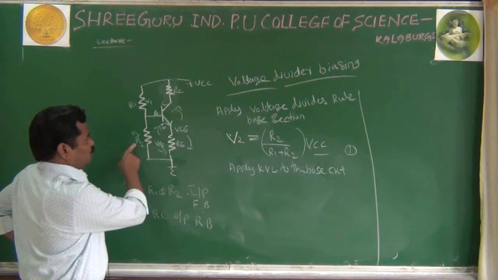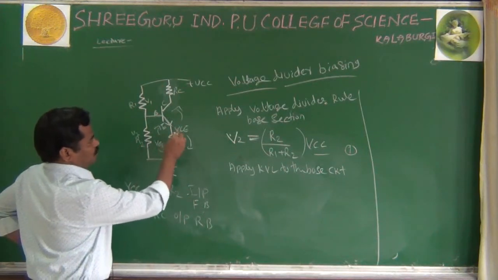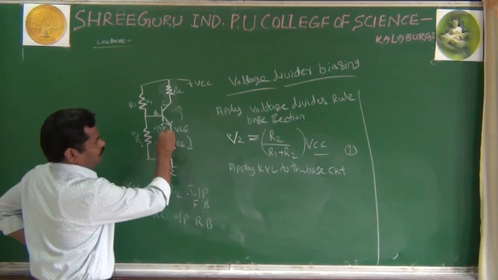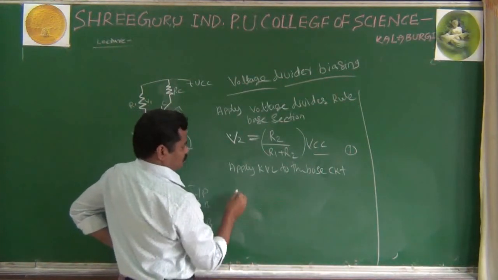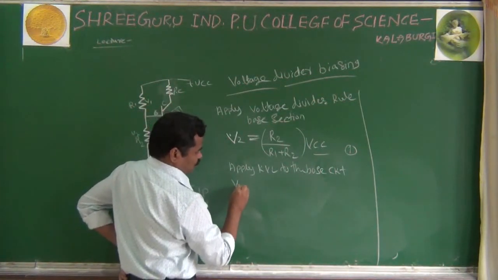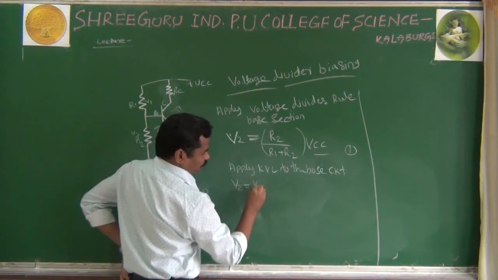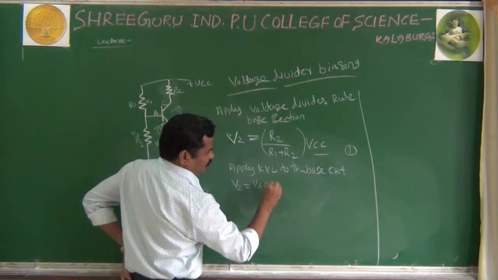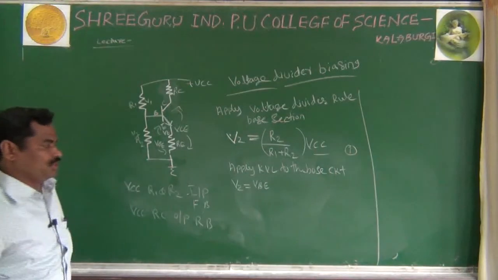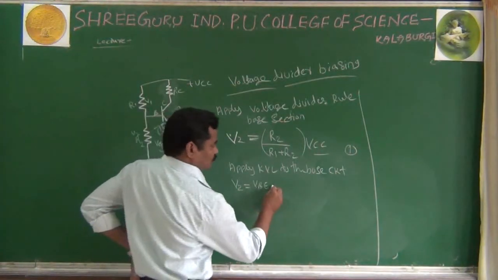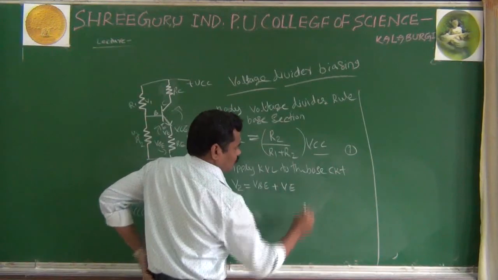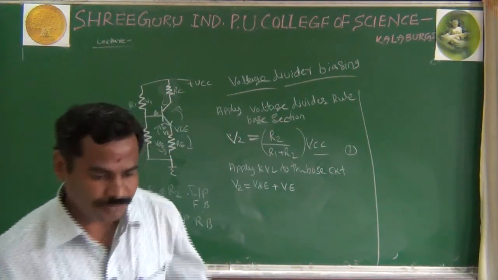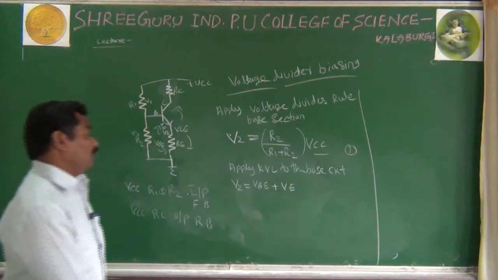Apply KVL to the base section, that becomes V2 equal to VBE, the voltage across the base emitter section, plus the voltage across VE, nothing but the voltage across the emitter.